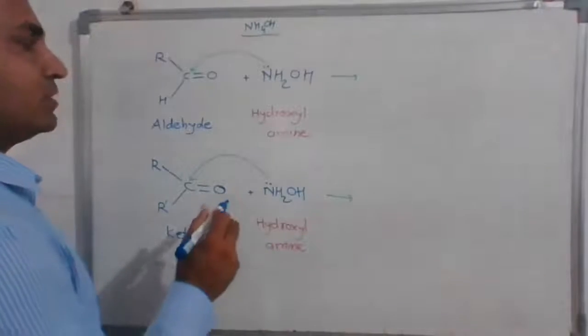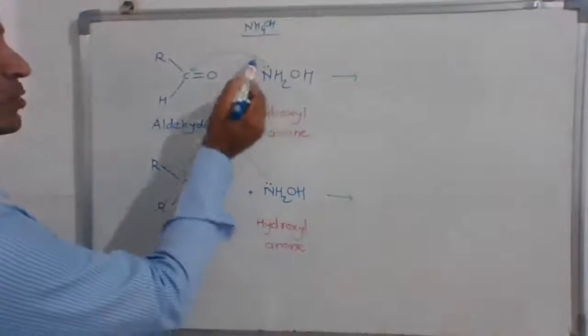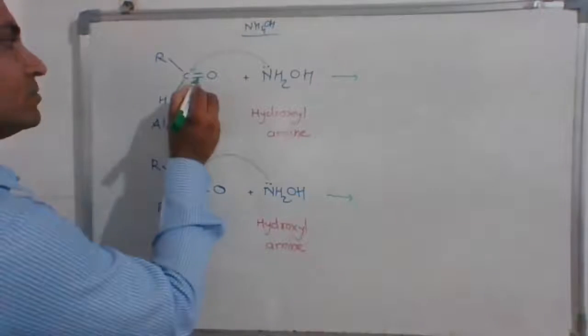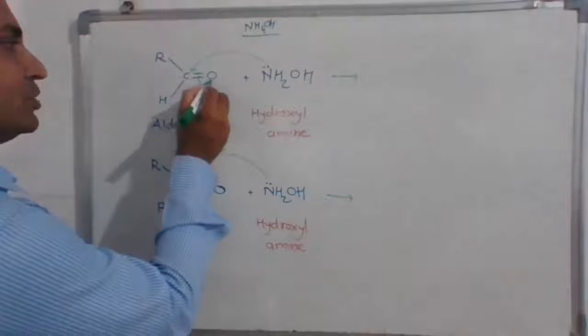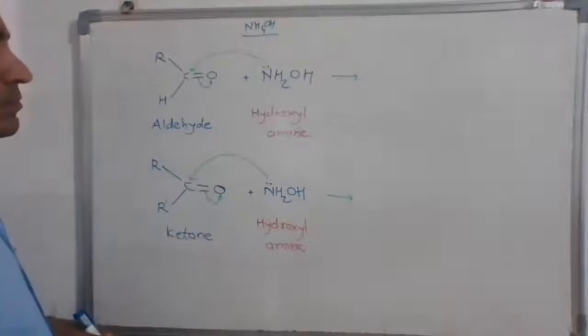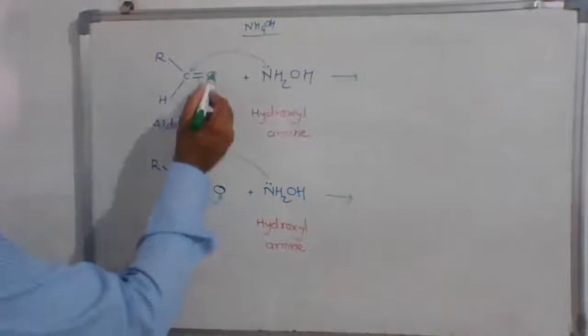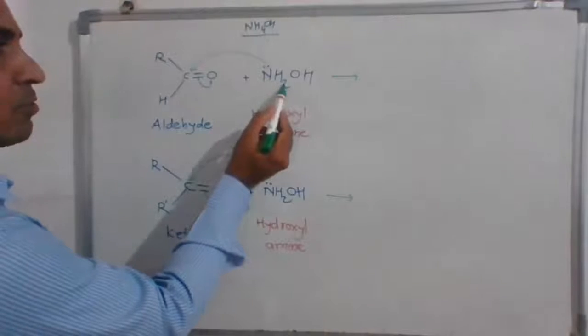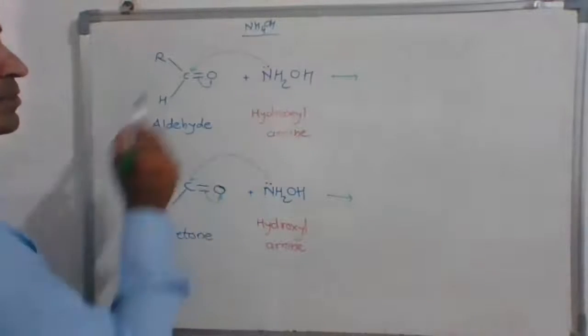What will be the product here? See, this lone pair attacks this carbonyl carbon. Then what will happen? This bond pair will shift onto oxygen. There will be a negative charge, which will be neutralized by one of the hydrogens of this NH2.